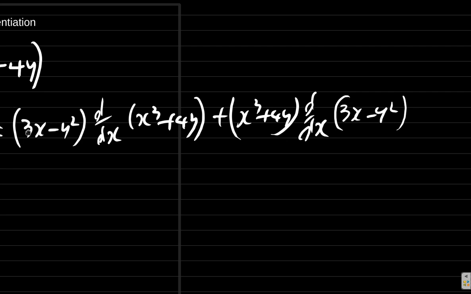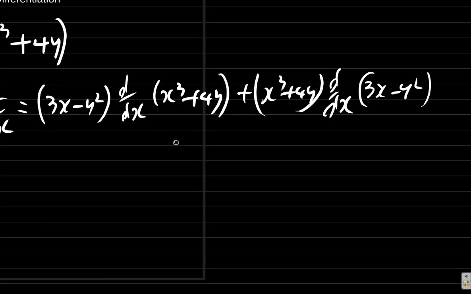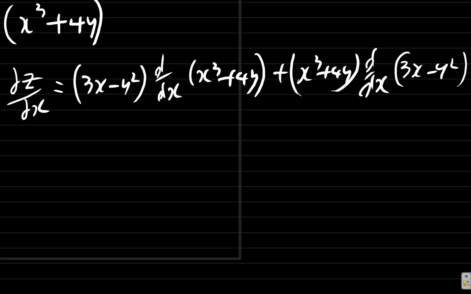Now here what we have then is 3x minus y squared times, when you differentiate this with respect to x, you get 3x squared, right?